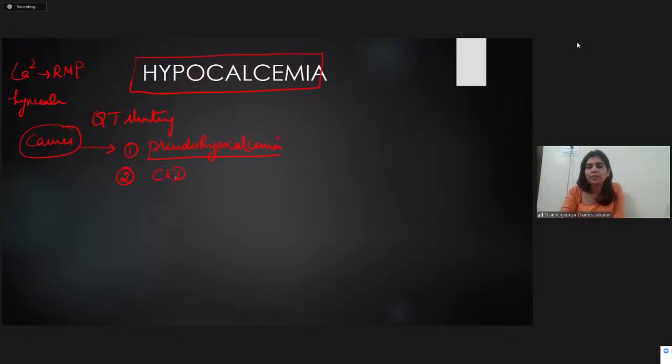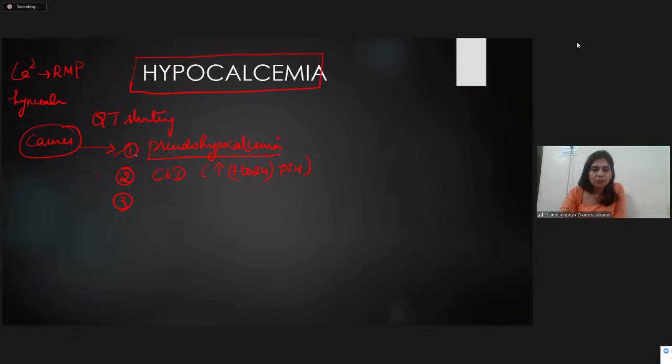As I told you, in chronic kidney disease, calcium levels are expected to be low because 1-alpha hydroxylase activity is reduced. And also there is parathormone resistance that is observed in chronic kidney disease. What is the reason for resistance to parathormone action? As I said, in chronic kidney disease, the 7 to 84 PTH values are high. Truncated PTH values are high, and these truncated PTH are not only inactive, they actually antagonize PTH. So hypocalcemia is very common in chronic kidney disease.